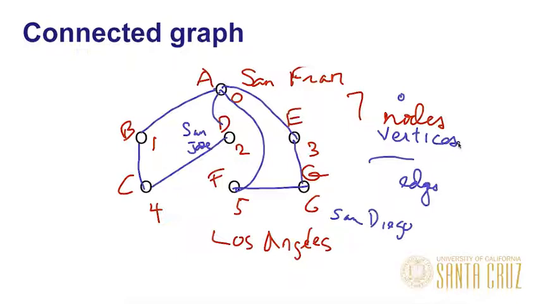So if I want a path from San Francisco to San Diego, I'll use this little wiggly line and show you here, there's a path. So that whole graph is connected and indeed a single component.